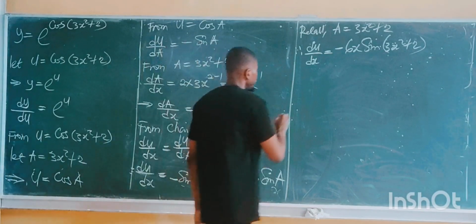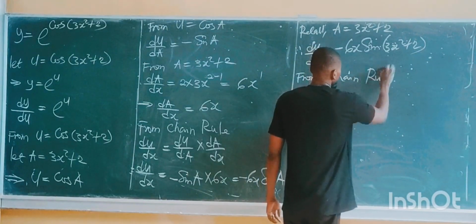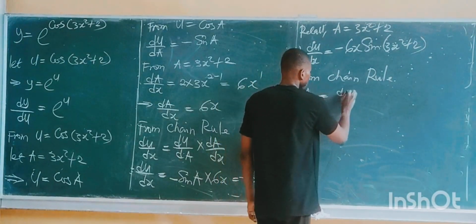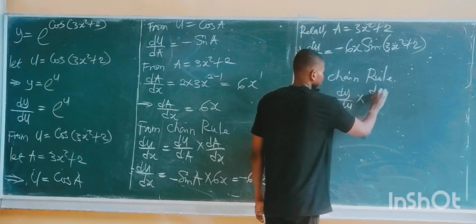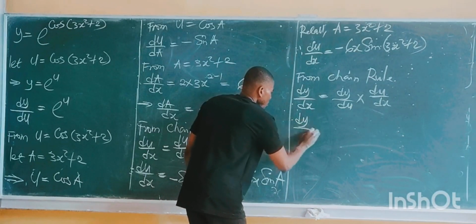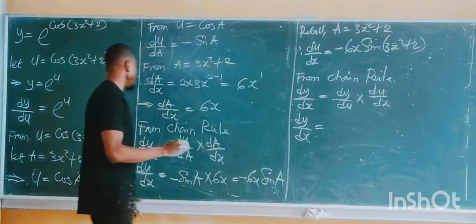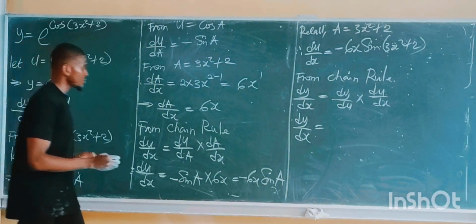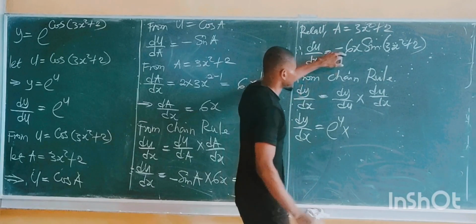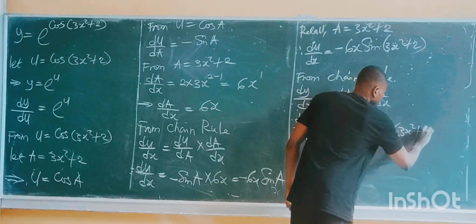Also from the chain rule, dy/dx is simply dy/du times du/dx. So dy/dx is equal to dy/du, which gave us exponential u, times du/dx, which gave us minus 6x sine(3x squared plus 2).